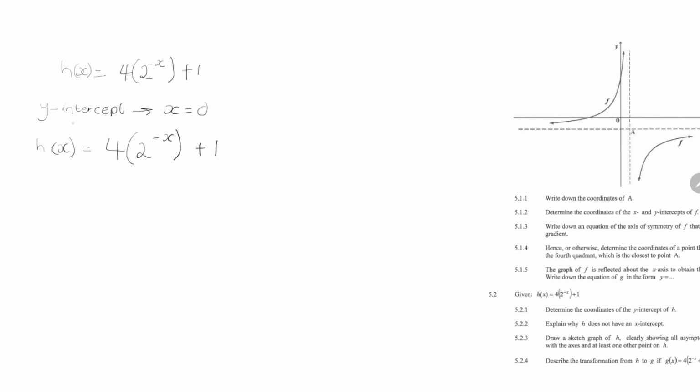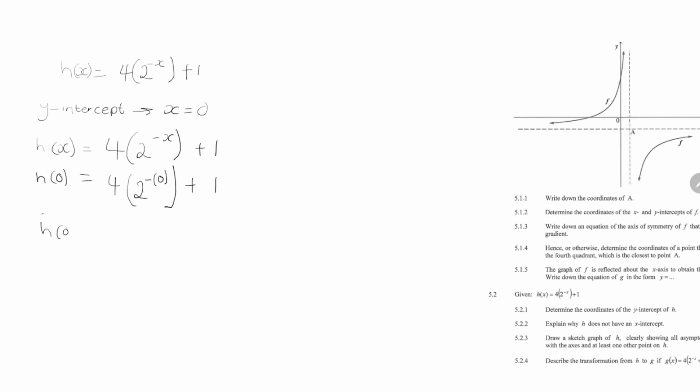So to get the y-intercept here, we have to make x equal to 0. So that means we will have to find the h of 0, which will be equal to 4 multiplied by 2 to the power minus x. But right now we have to substitute with a 0. We close the bracket, plus 1.